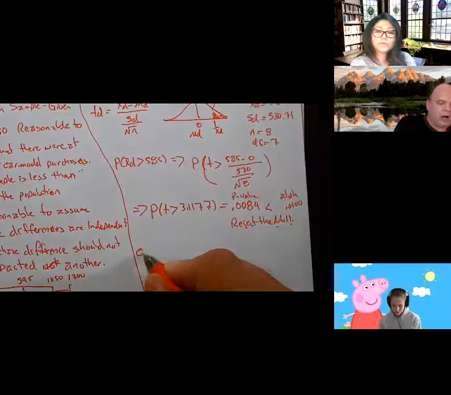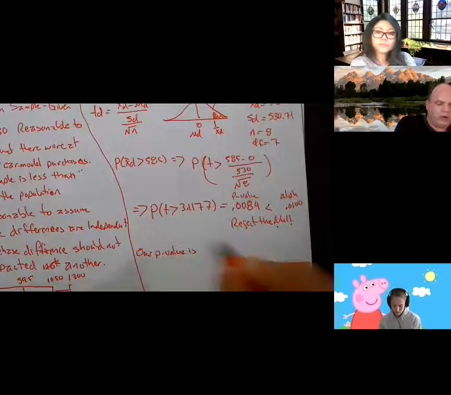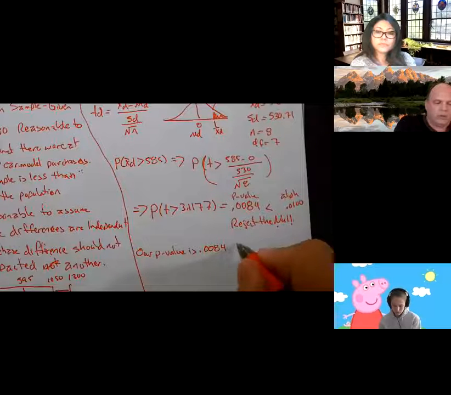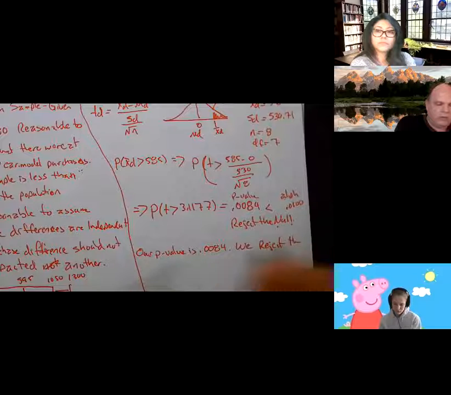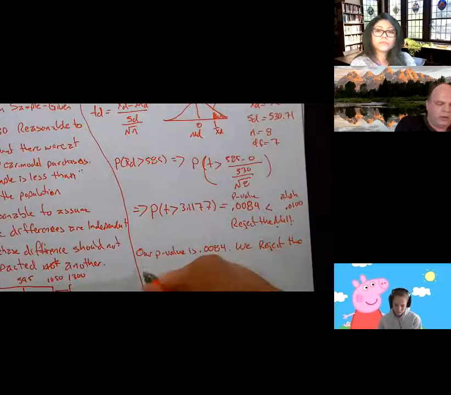So our P value is 0.0084. We reject the null.